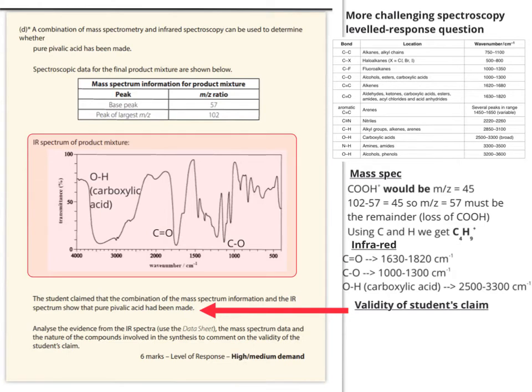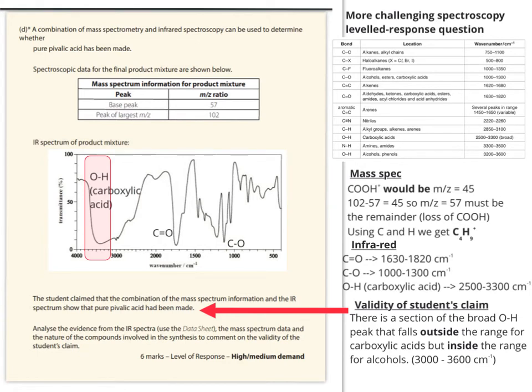So, comment on the validity of the student's claim. If you think about it carefully, let's now focus on the OH of the carboxylic acid. The very end part of the OH peak actually falls within the wave number range for alcohol. If you look at the data sheet extract, that's 3,200 to 3,600.